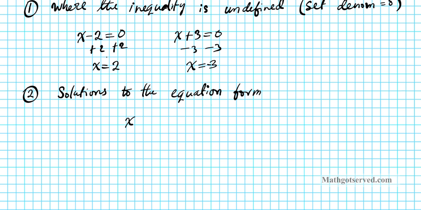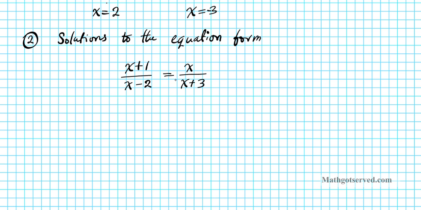So we're going to have (x + 1)/(x - 2), instead of less than, we're going to have equals x/(x + 3). Any value of x that satisfies this equation will also be a boundary point. So how do we solve this rational equation?